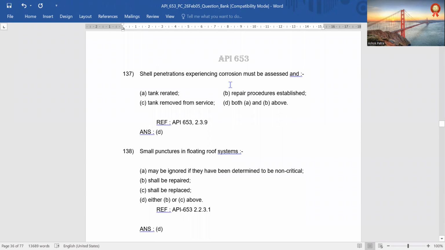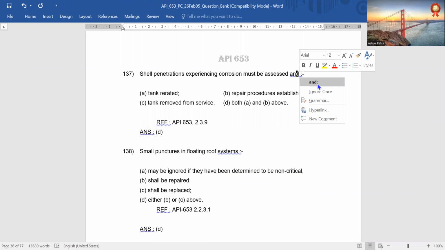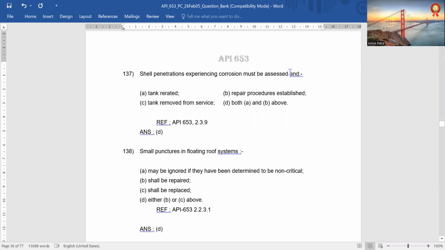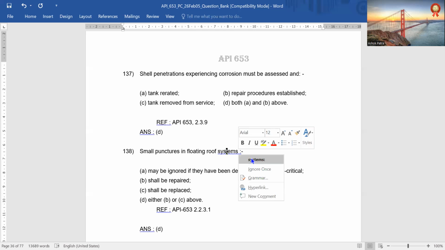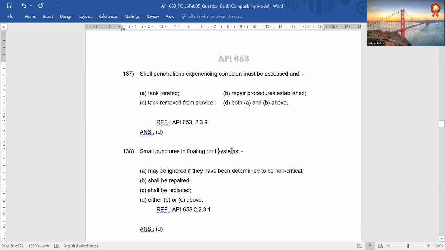Shell penetration experiencing corrosion must be assessed and tank is re-rated. Repair procedures established. Small punctures in the floating roof system shall be repaired, or shall be replaced. Either B or C above.